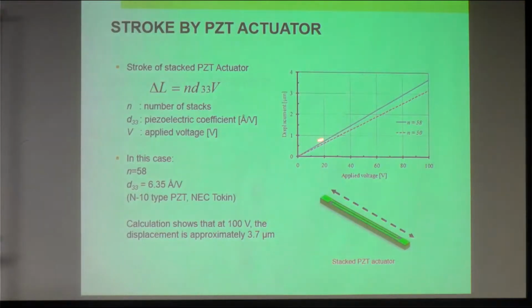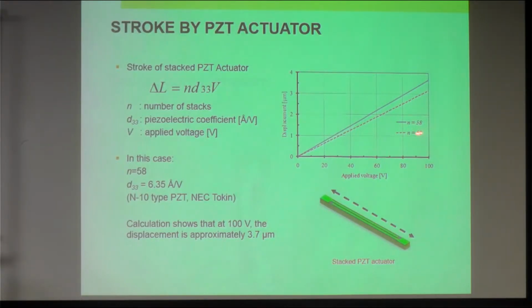So now we calculate all the parameters, the displacement, the stroke of the actuator, delta L equals number of layers times the piezoelectric coefficient D33 and voltage applied. So here we can see that as the applied voltage increases, you can get your displacement increase.